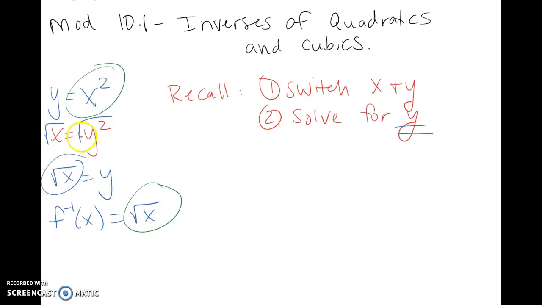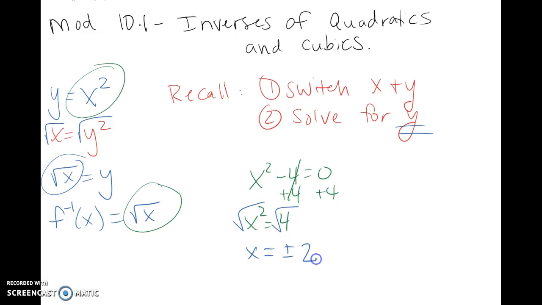And we kind of already knew that because that's why we take the square root when we're solving for y, or like when we had questions back in, what was it, module 4, when we would have x squared minus 4 equals 0, and we would solve. We would add 4 because that's the inverse of subtraction. We would have x squared equals 4, and then we would take the square root in order to get rid of the square, and we would get our plus or minus 2.